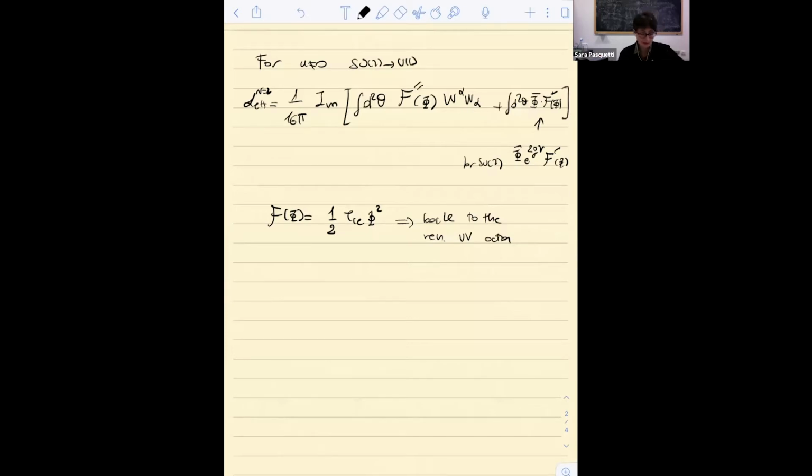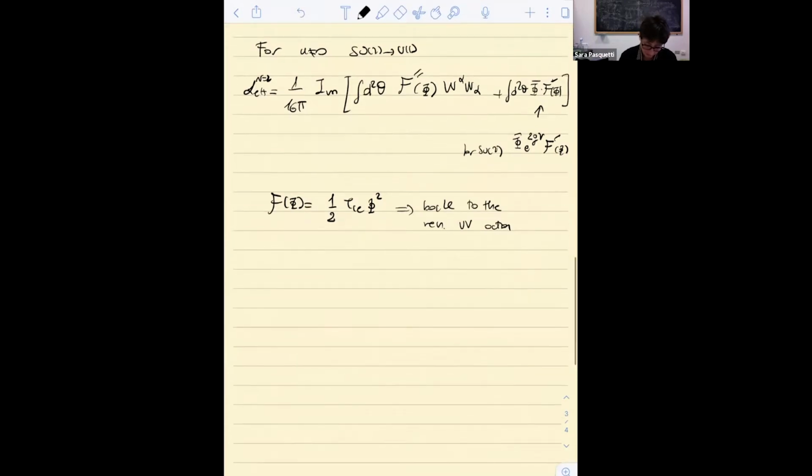As we will see, since the second derivative of the prepotential is related to the holomorphic gauge coupling, and we proved already non-renormalization theorems for the holomorphic coupling, it's clear that there will be non-renormalization theorems also for the prepotential.